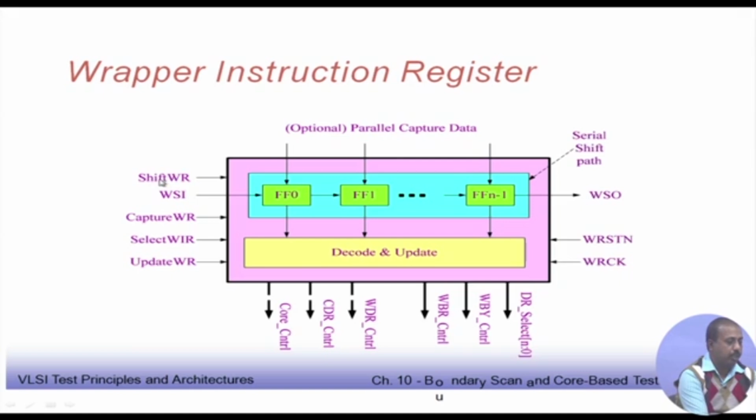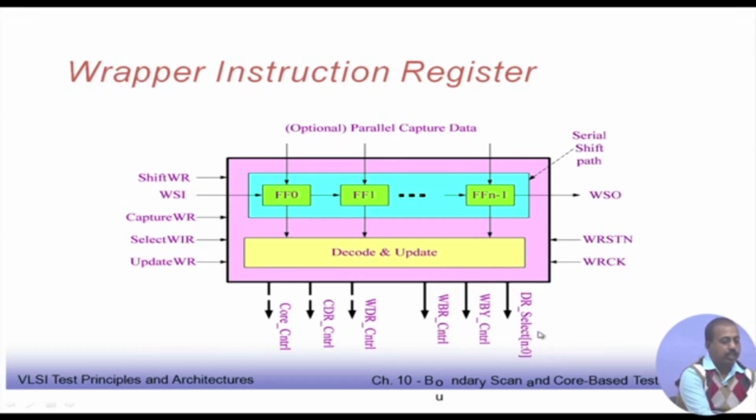The other signal inputs that are coming are shift WR, capture WR, select WIR, update WR. These are the instructions that are coming, and then we have the signals WRST and WRCK. These are the clock and the reset signal, and we have this decode and update. All these inputs are decoded and accordingly the values are updated.